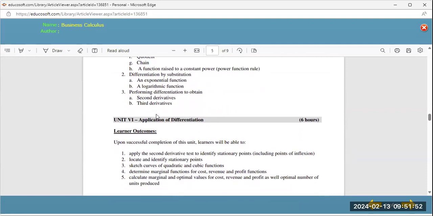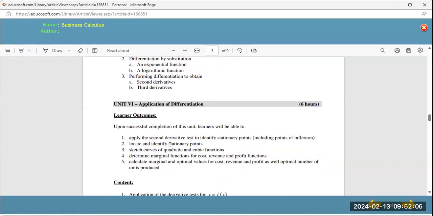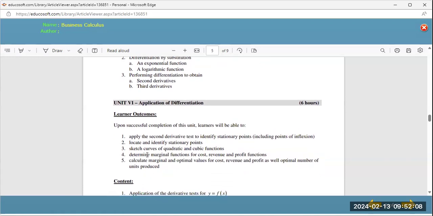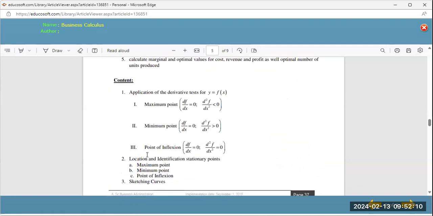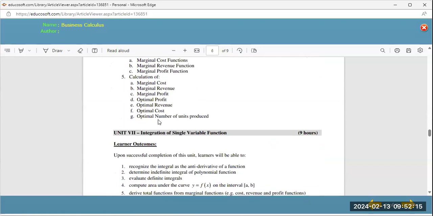And then on Thursday, God willing, hopefully my voice comes back and I can come into physical class. I am going to be moving into what we call applications to differentiation, talking about our stationary points and our marginal cost and profit.